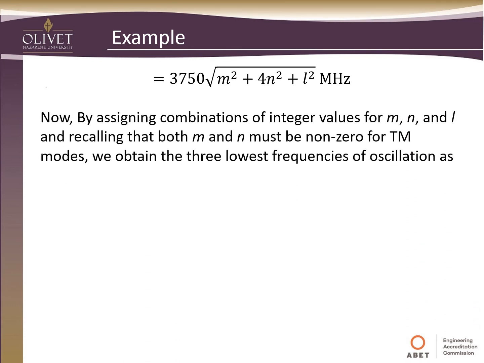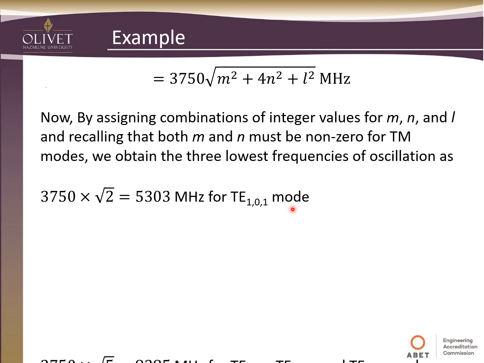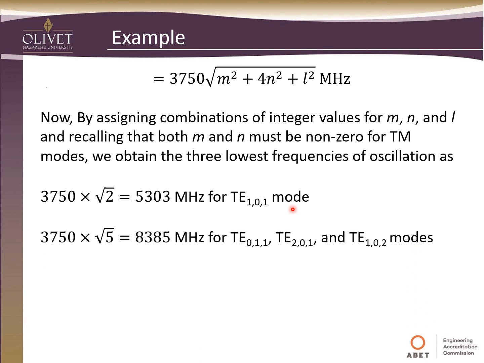So for this case, by assigning combinations of integers for m, n, and L, and recalling that both m and n must be non-zero for TM modes, we obtain the 3 lowest frequencies of oscillation. When we get up to 5303 megahertz, our TE101 mode will begin to oscillate. And some of this is done by trial and error.